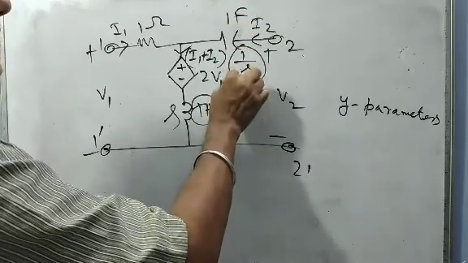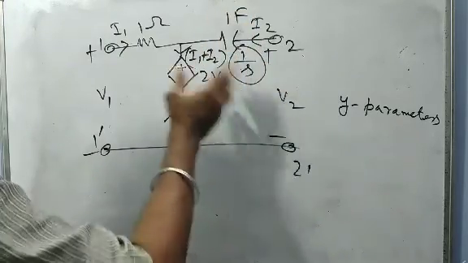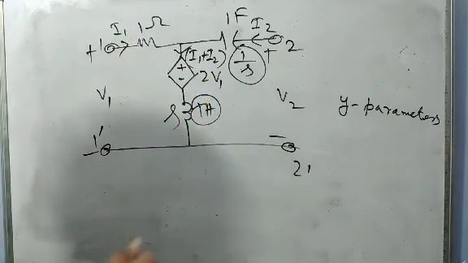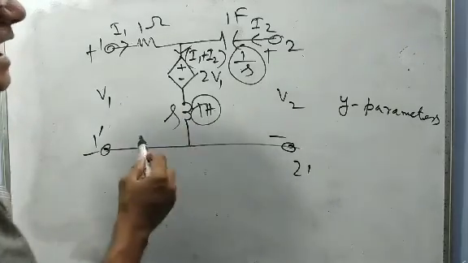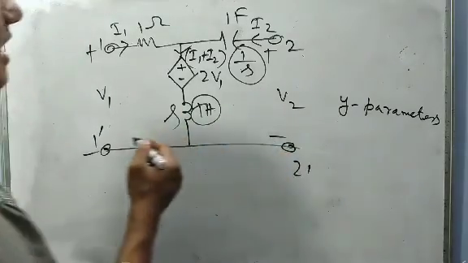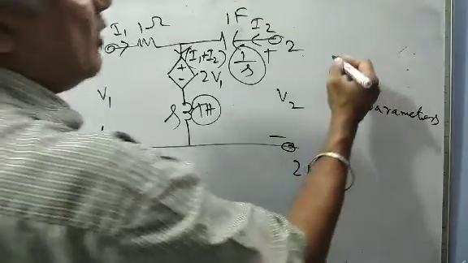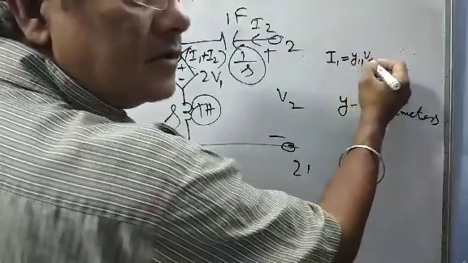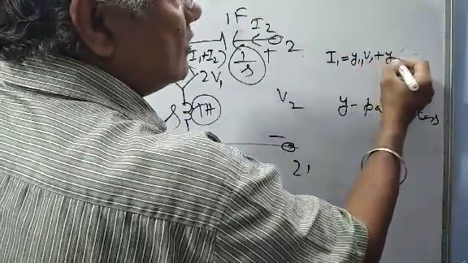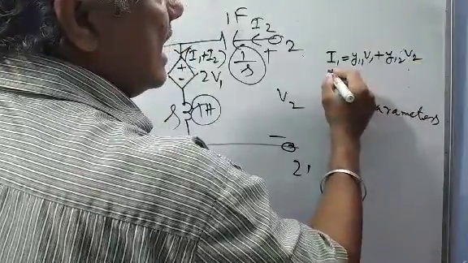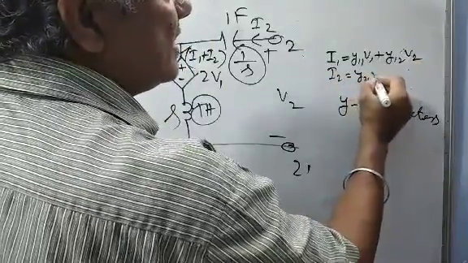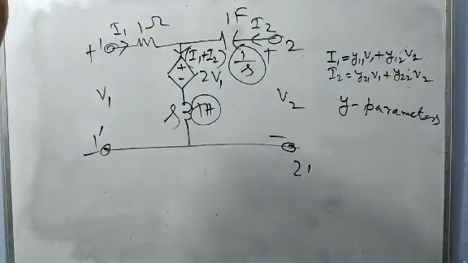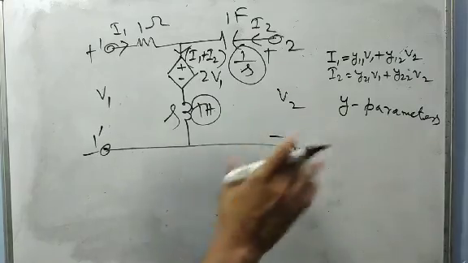C is 1, so 1 by S. In the S domain, the resistor remains the same, and the inductor 1 Henry becomes S. Now let us calculate the Y parameters, and we know that the Y parameters are related like this: I1 equals Y11 V1 plus Y12 V2, and I2 equals Y21 V1 plus Y22 V2, isn't it? So this is the relation.